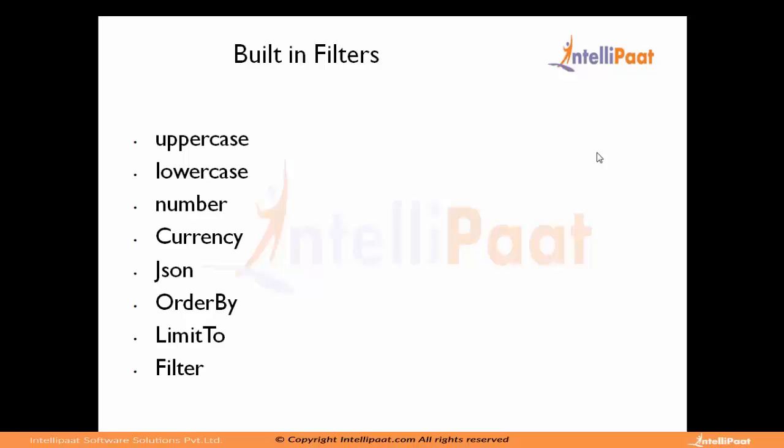Fifth is JSON. JSON is basically used for debugging purposes or to show the object data on the UI. This is used more by developers for debugging or checking the data available in an object.